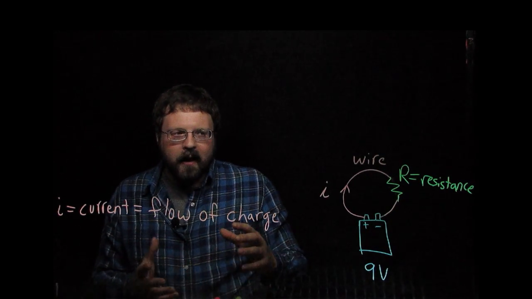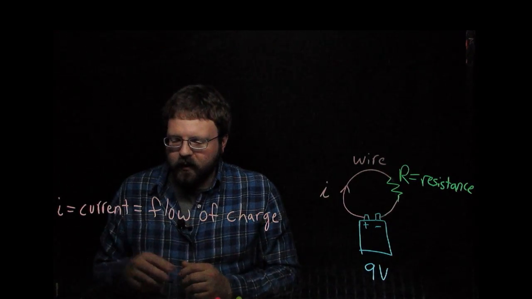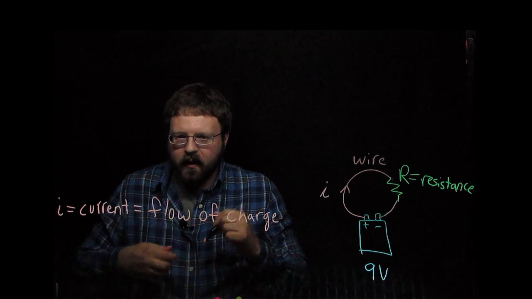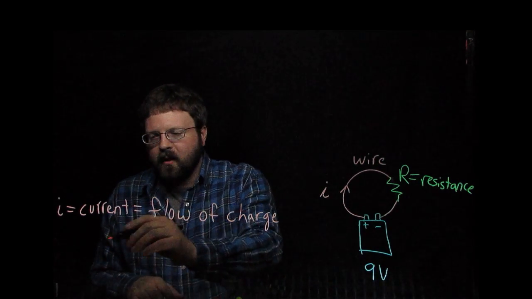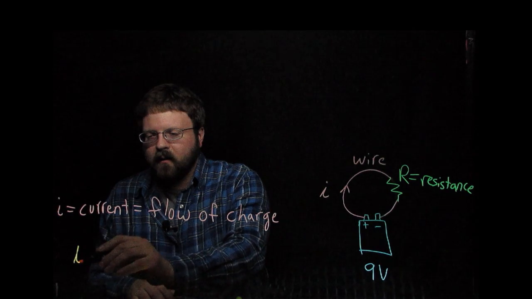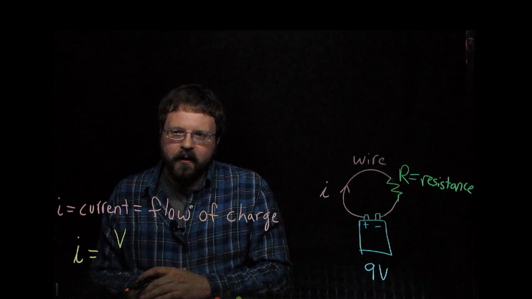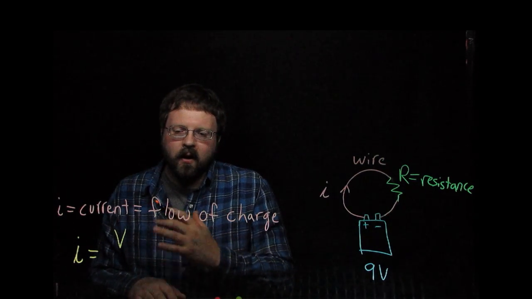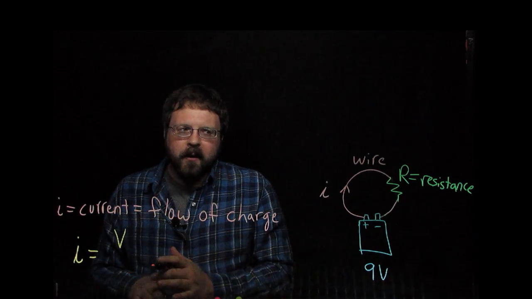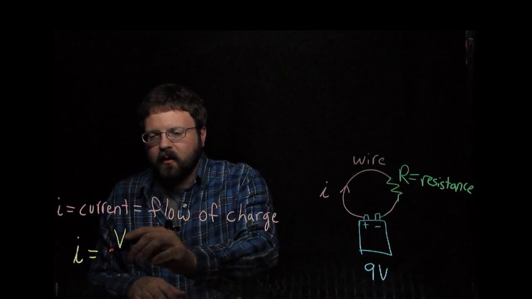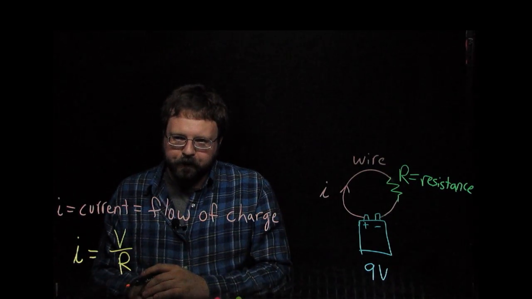Now, if we wanted to combine these three ideas of current, voltage, and resistance, we can do that with a mathematical formula known as Ohm's law. So if we think about it, the current I is created by the voltage V. The more voltage, the harder we push, the more current is going to flow. And it's impeded by the resistance, so it's inversely proportional to the resistance.